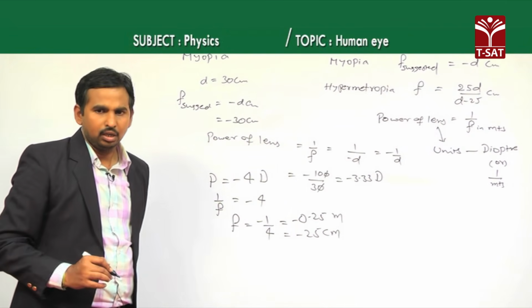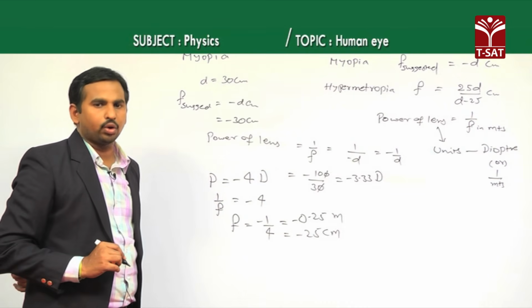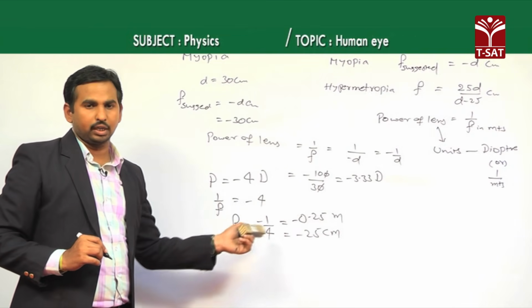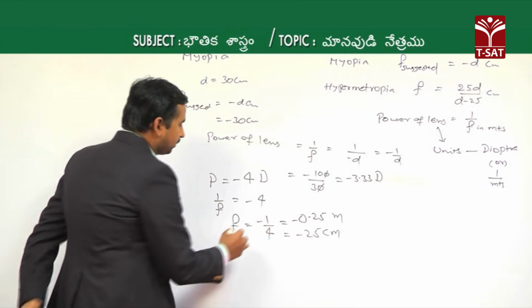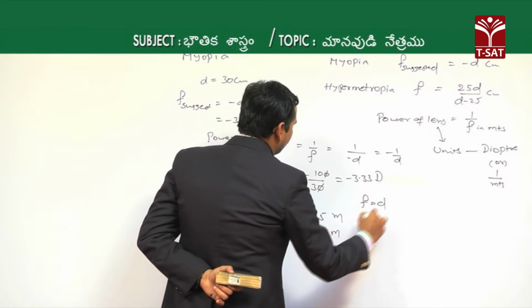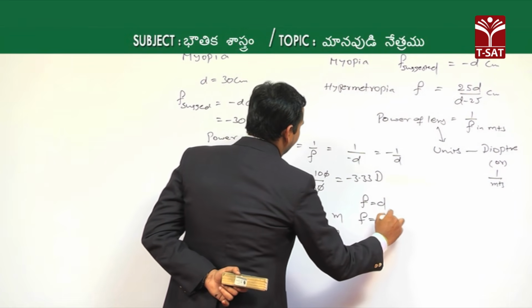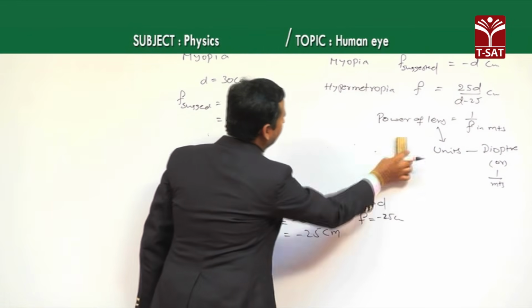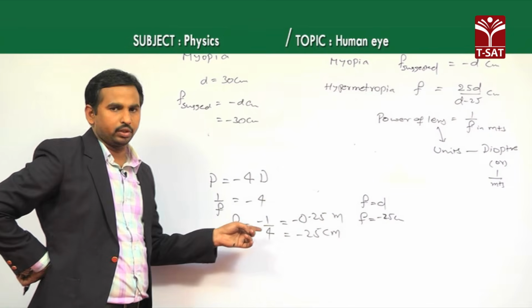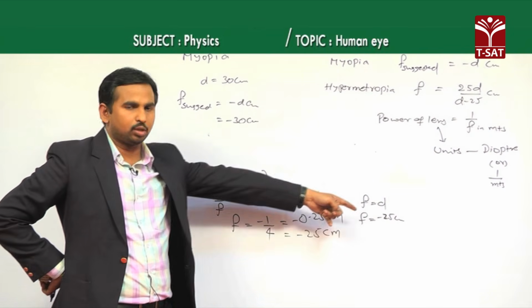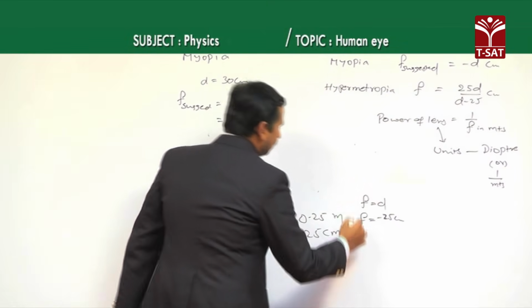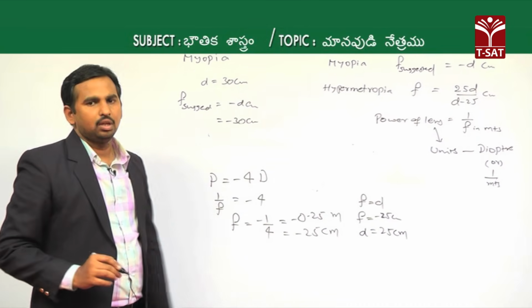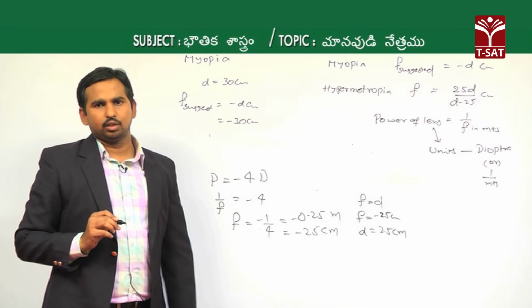The minus represents that we are using a concave lens, and the far point distance, which is the suggested focal length, is d, because f is equal to d. As f is 25 centimeters, in that way, if the power of the lens is given, we can find the far point distance of the defective eye, where f equal to minus 25 means that d is equal to 25 centimeters. This is for the case of myopia.